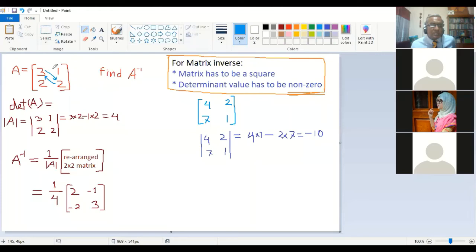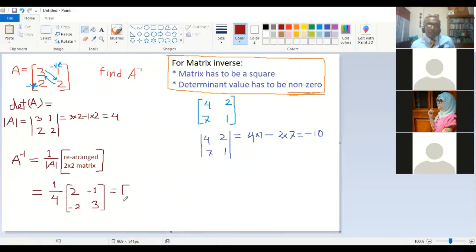You are putting the negative sign for the other two numbers. So -1, -2 is coming here, and the major diagonal numbers are changed with their places. So this new matrix will come and it will be the inverse of the original A matrix. That will be called the A inverse matrix.